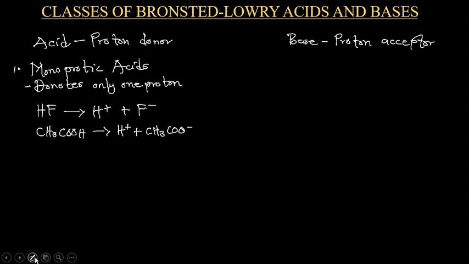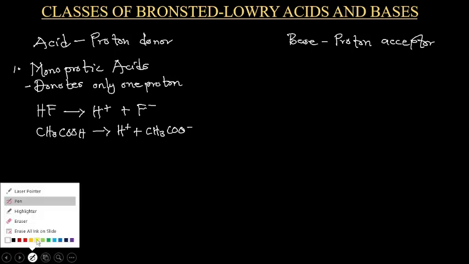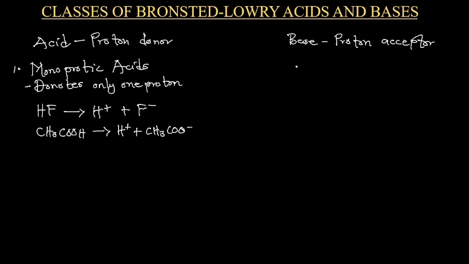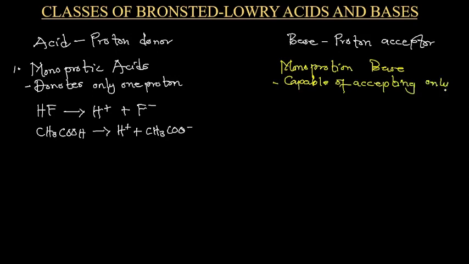Now, what about the bases? The same way we have monoprotic acids, we also have monoprotic bases. How will you define a monoprotic base? A monoprotic base will be capable of accepting only one proton.